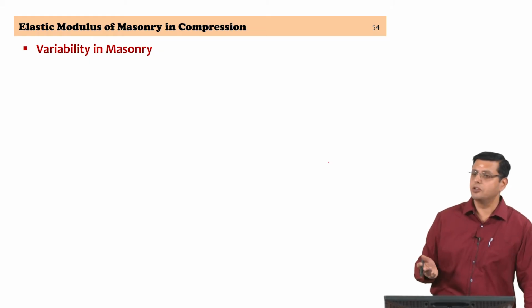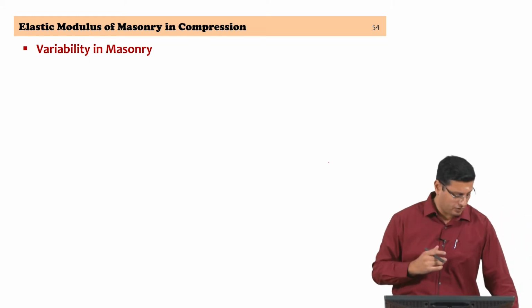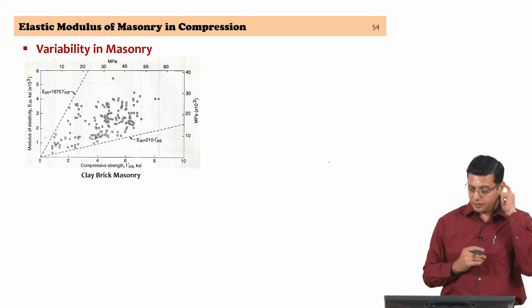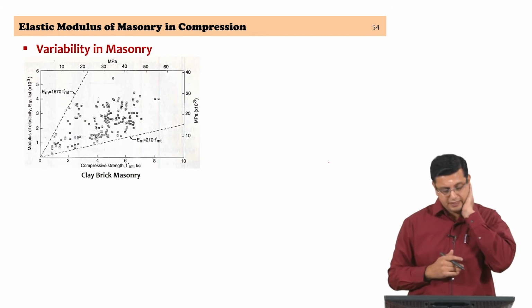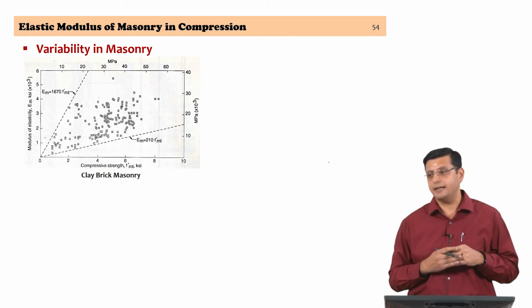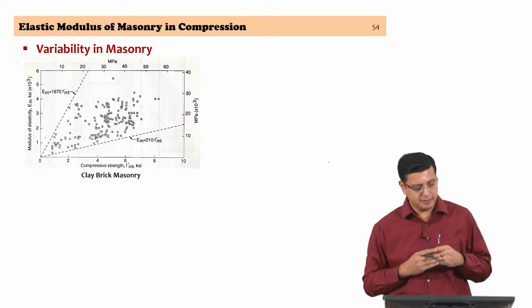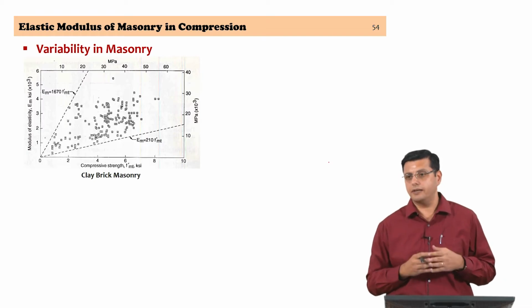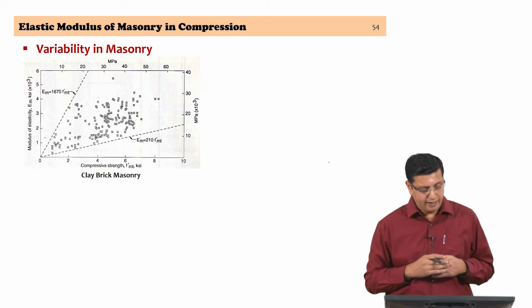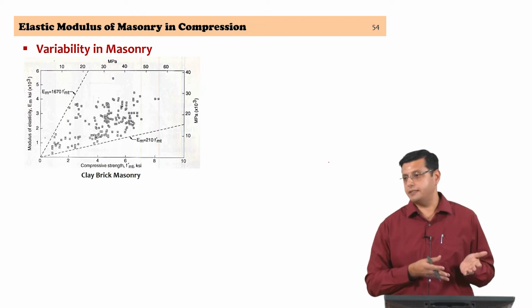Of course, the variability is lower in the concrete block masonry, however, you still do see significant variability. So, this is an interesting graph that looks at the compressive strength on the x axis and the modulus of elasticity estimated from a stress strain curve of the same test on the y axis, and you have got several tests sitting here.